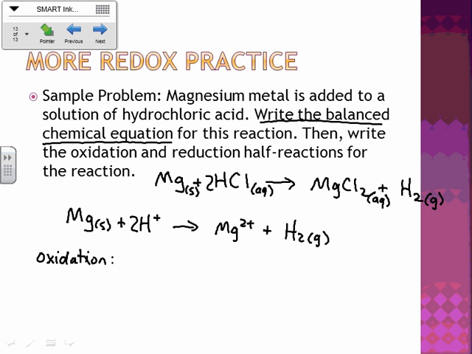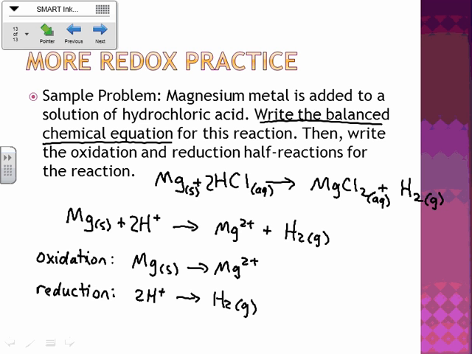Okay, the Mg solid going to Mg2+, that's the oxidation because it's becoming more positive, so it must be losing electrons. Okay? And then our reduction half reaction would obviously have to be the other one. 2H+ going to H2. Okay?